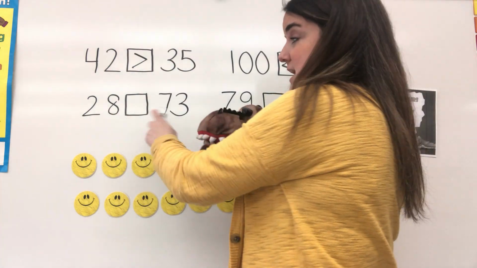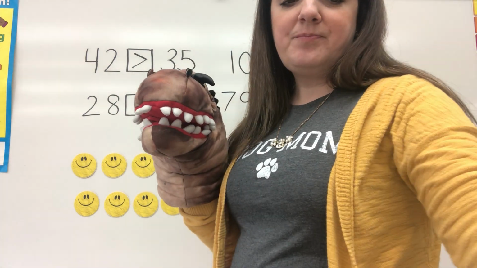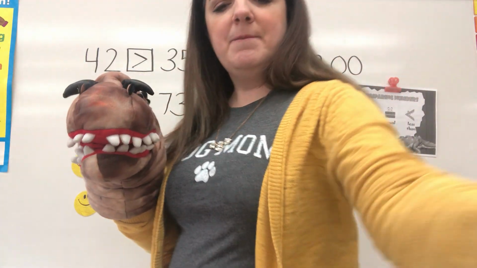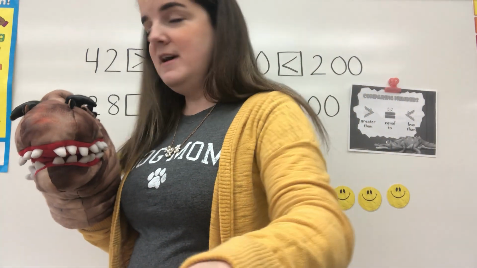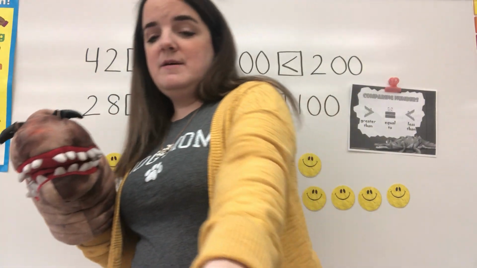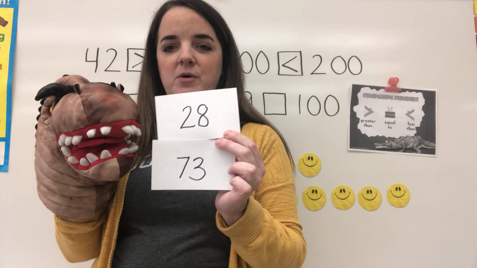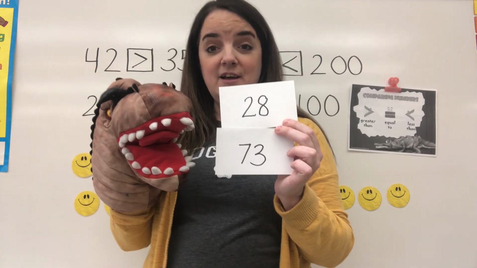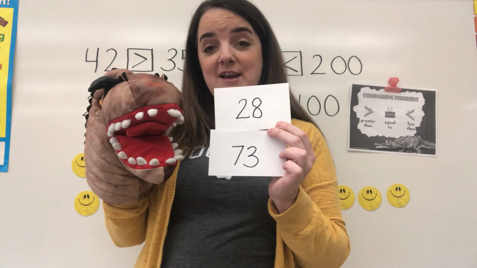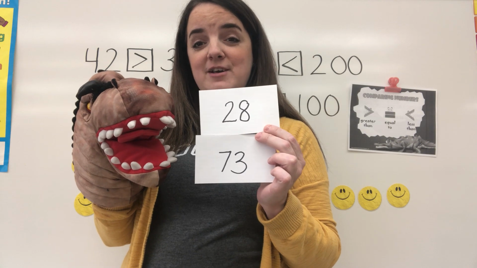All right, let's go to our next two numbers. We have 28 and 73. All right, Mr. Dinosaur, here we go. We have 28 and 73. Let me hold them up. All right, Mr. Dinosaur, which one are you going to eat? Class, which one do you think he's going to eat? 28 or 73?